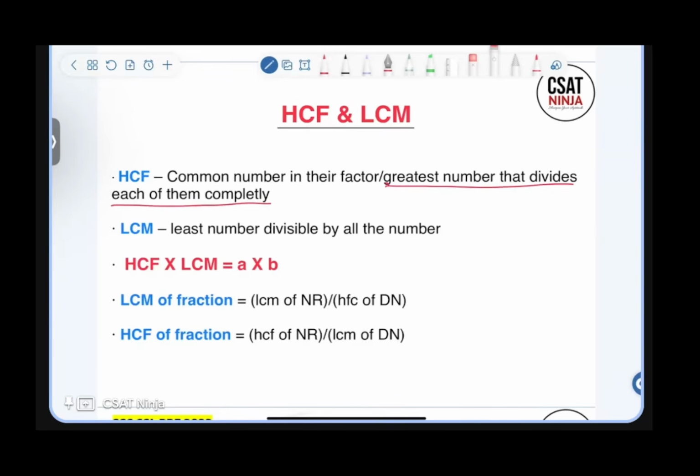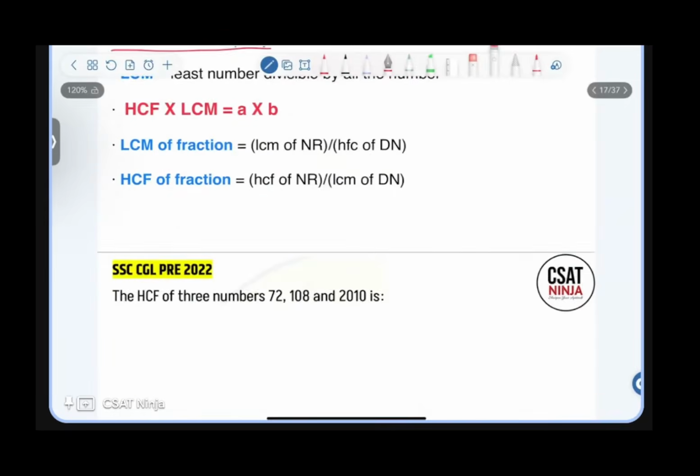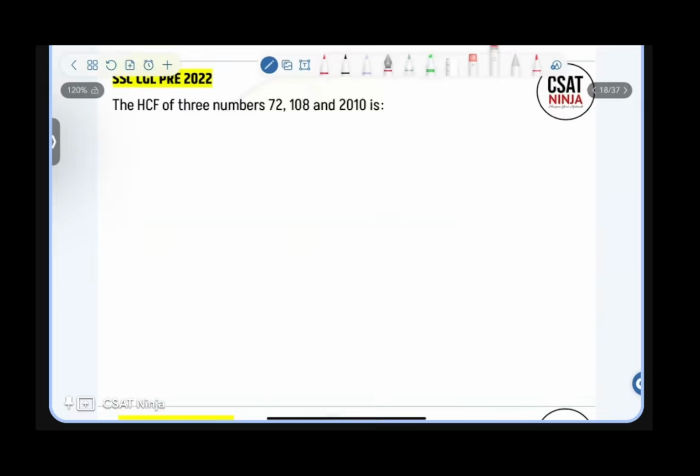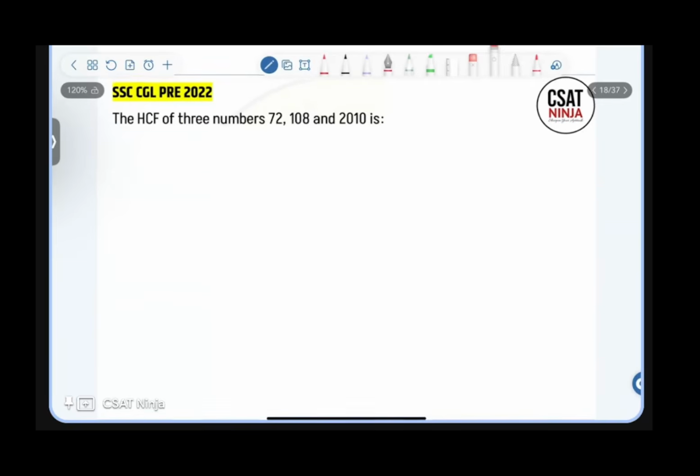Let's solve one question directly here. You are asked to find the HCF of this one and this one. One thing you can do is use the approach that you know, which is 108.